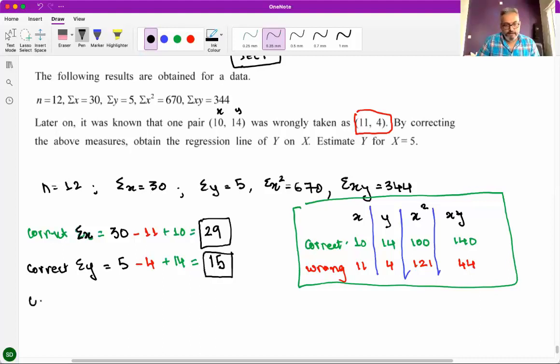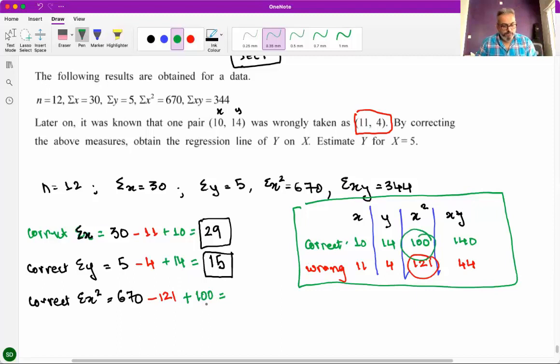Now correct sigma x square is equal to 670 minus x square, so wrong is 121, plus correct is 100, which is equal to 649.